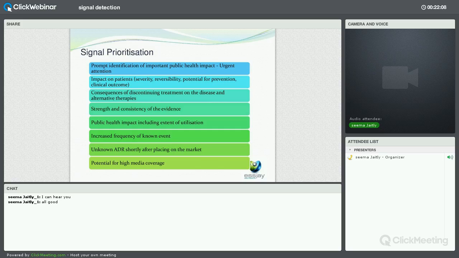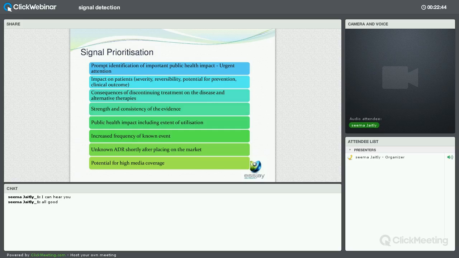It very much follows actually CIOMS for the benefit-risk assessment and the decision process that's detailed there, looking at your product, what it's used for, looking at the actual issue and the seriousness of the issue, severity, reversibility, whether there are other treatments available or not, the strength and consistency of the evidence that you've got, the public health impact, whether it's already known and this is an increased frequency, or whether your product's only just been on the marketplace and this is something very new that needs to go out there very quickly.